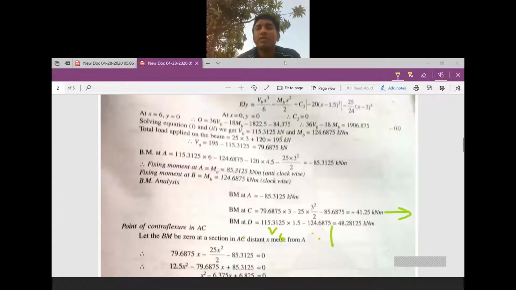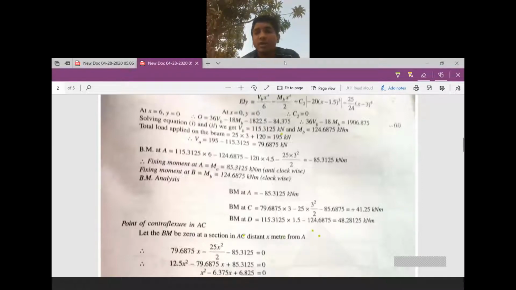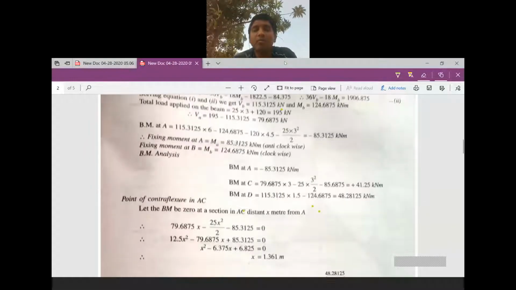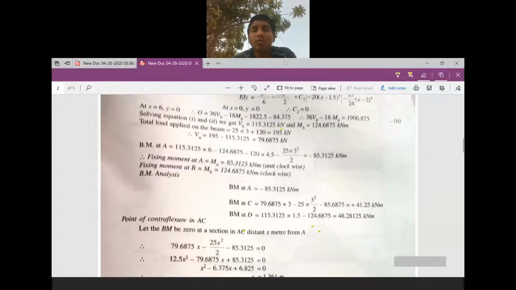After that, we'll calculate the point of contraflexure. The point of contraflexure is the point where the bending moment is 0. For that, you need to draw the bending moment diagram. How will you draw the bending moment diagram here? You know the values of bending moment about A, C and D. So I will show you how to draw the bending moments.